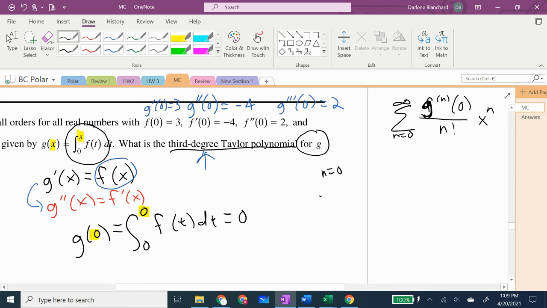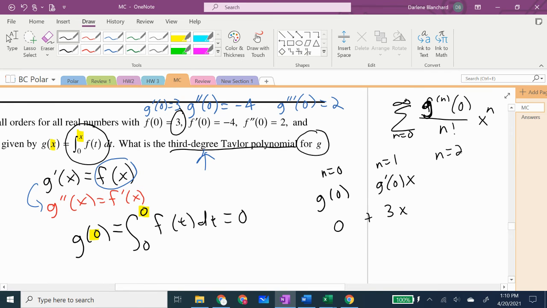That means what is g of 0 all by itself? And I know that is 0. When n is equal to 1, that is asking me what is the first derivative of g at 0 times x to the 1 power. That would be 3 times x.